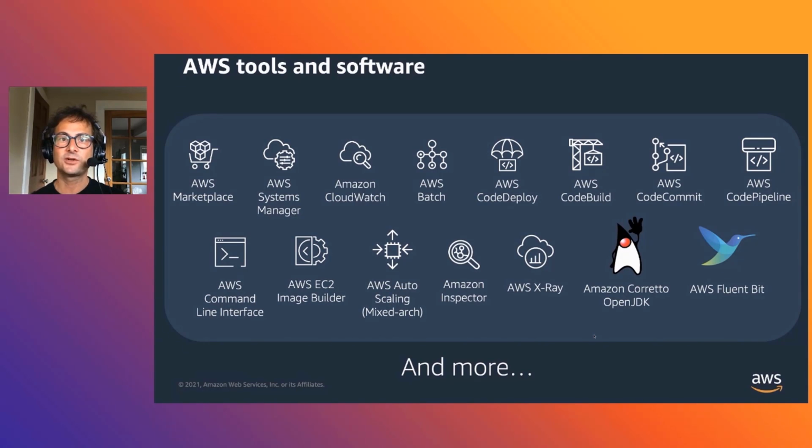With Amazon Corretto, we do specific optimization for the Graviton2 based instances, and we ensure that Amazon Corretto is compiled the right way for the Graviton2 based instances. So if you are running Java-based workload on top of Graviton instances, we really recommend giving it a try.